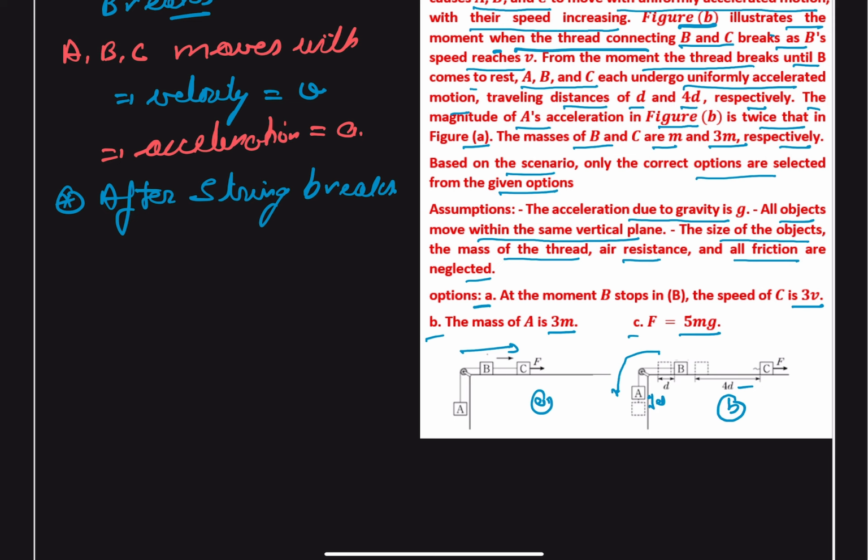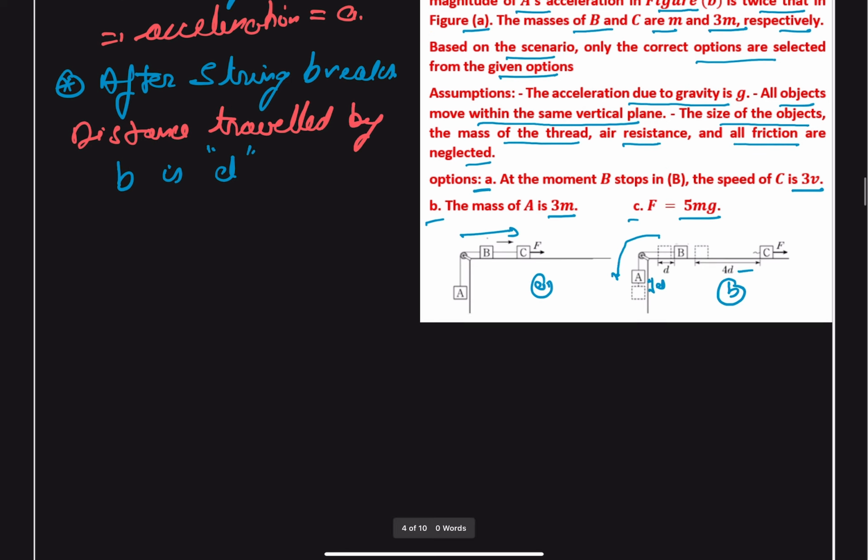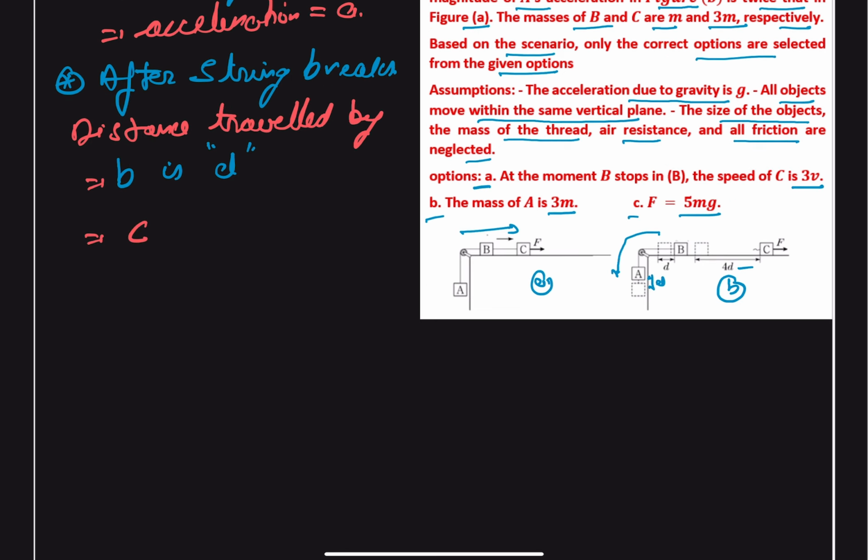It is also given that the velocity of C after the thread breaks, at the point when the distance is 4d, is vC. So the velocity of C is vC.